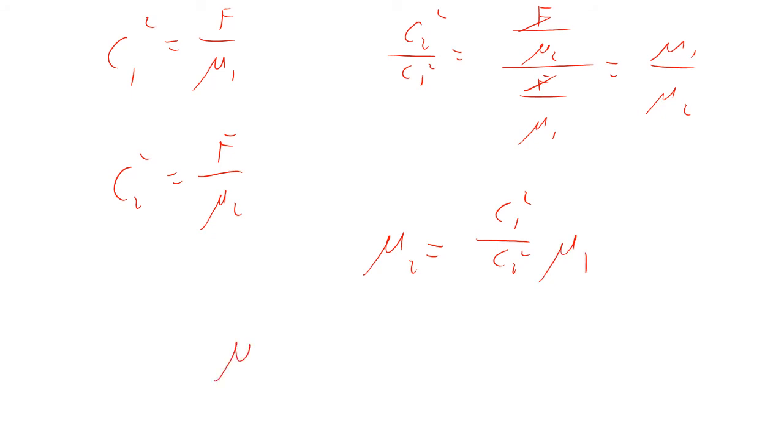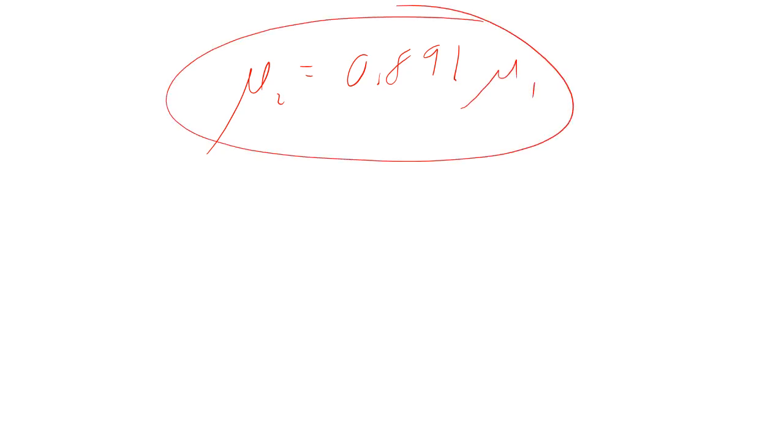So if I plug in here, c1 squared, 286 meters per second squared, divided by c2, 303 meters per second squared, times mu1, that would tell me that mu2 is 0.891 of mu1. Now remember, what is mu? Mu is mass per length.